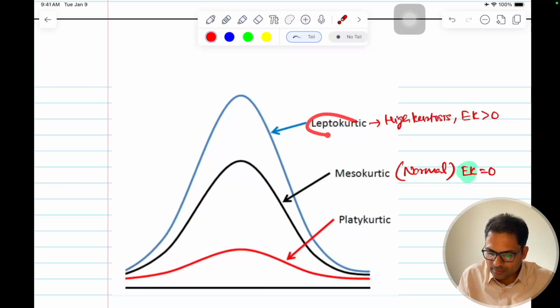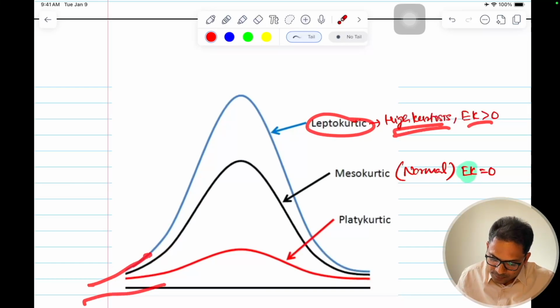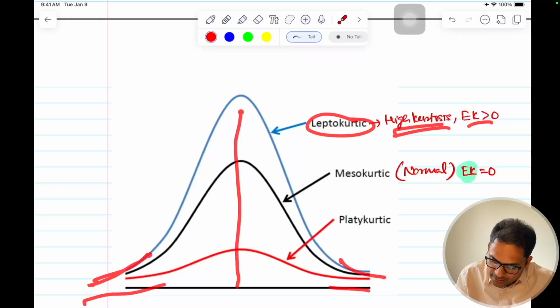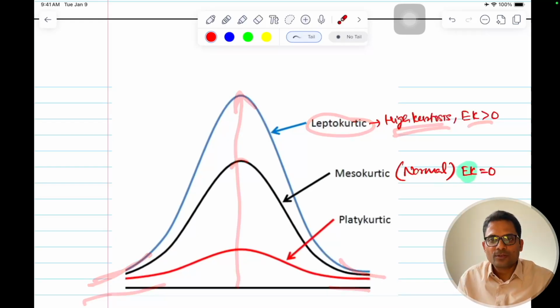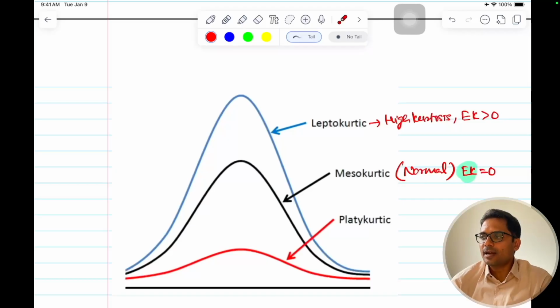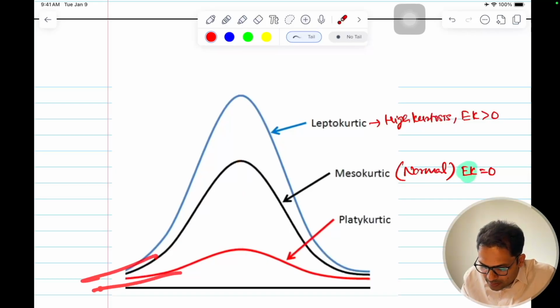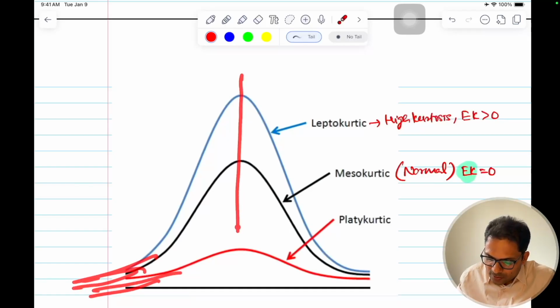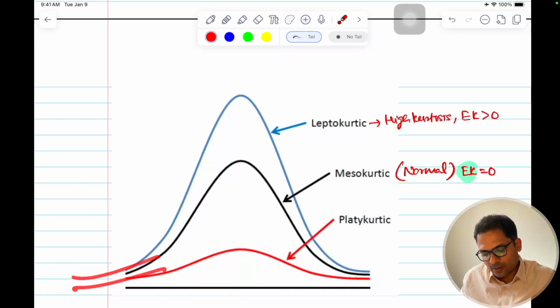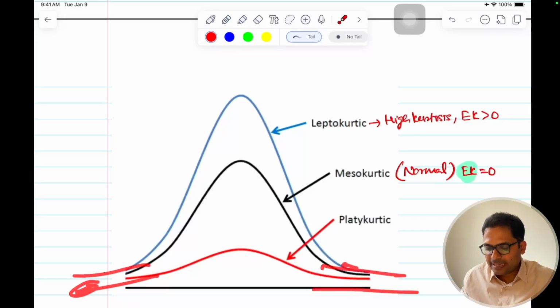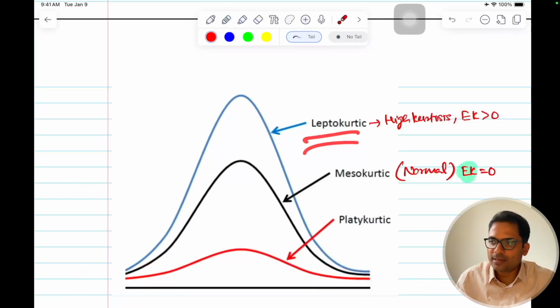This is your leptokurtic. So kurtosis is high, so the tail is thicker, and even the peak is higher than the normal. So a high concentration of data around the mean, and also on the tails. A lot of data around the mean, and a lot of data around the tails also, a lot of outliers, thick tails. So that is leptokurtic, high kurtosis.